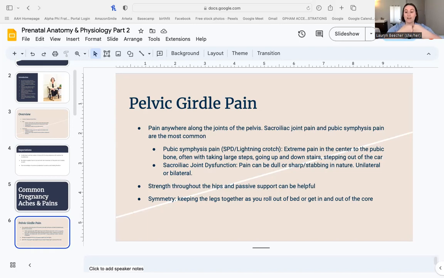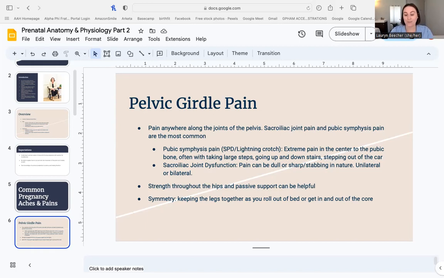When you take a big step, things shear a bit at the front of the pelvis because all of those ligaments are a bit more relaxed. So the joints themselves are more mobile. So that's where we can get this shearing if I take a really big step, or feeling almost like a separation if I step my leg out to the side, like we often do when getting in or out of the car.